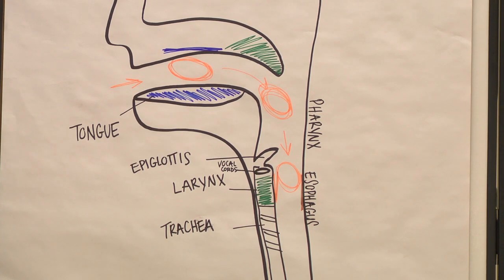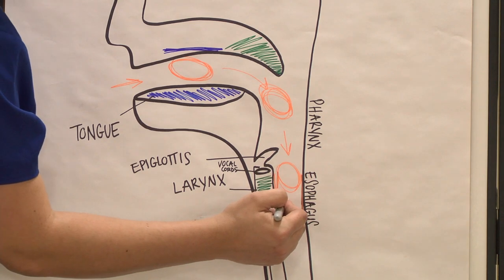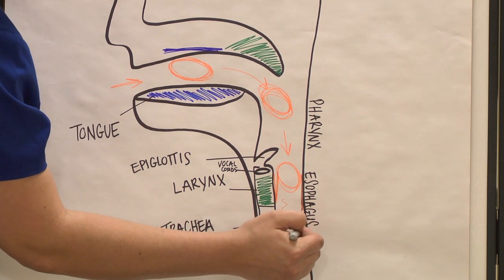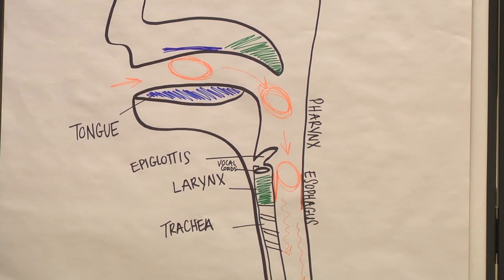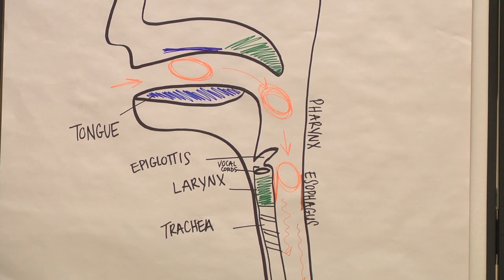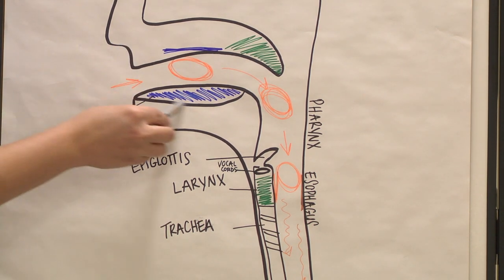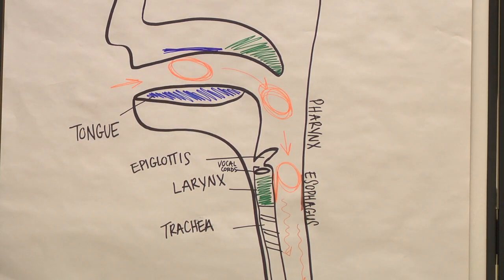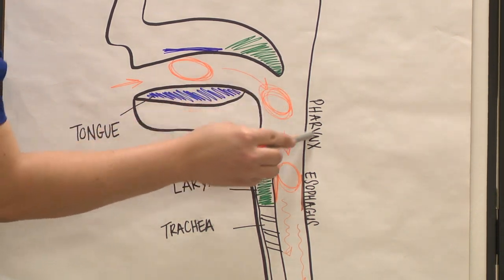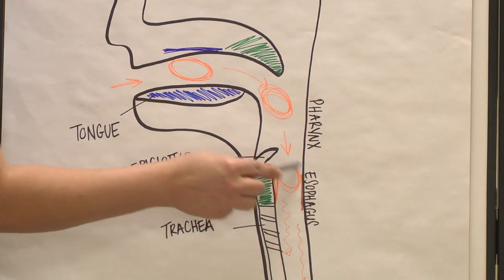The bolus is propelled down the esophagus by waves of contraction. This moves down through the esophagus, through the lower esophageal sphincter, which has to relax to go into the stomach. So there you go. You've got the first stage, the oral stage, the second stage, the pharyngeal stage, and the third stage, the esophageal stage.